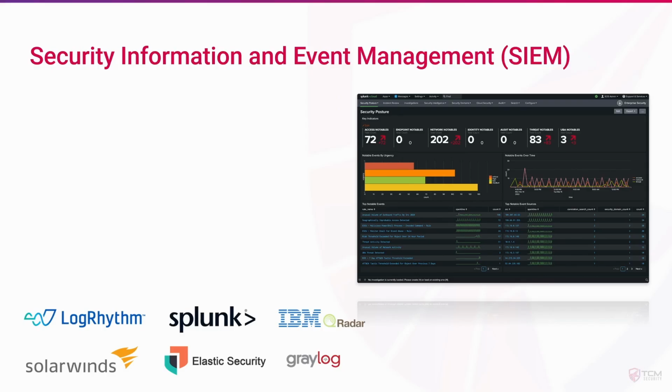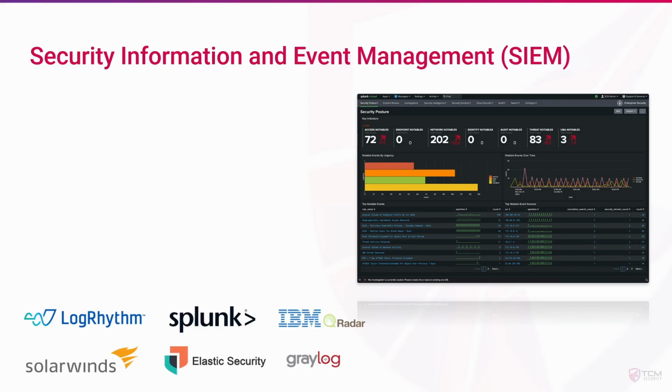And a Security Information and Event Management System is one of the most important components in modern cybersecurity infrastructure. So much so that it's often referred to as the heartbeat or the nerve of the SOC. SIEMs serve as a centralized platform for collecting, correlating, analyzing, and managing security event data in real time. So at its core, a SIEM system aggregates logs generated throughout all of our technology within the organization.